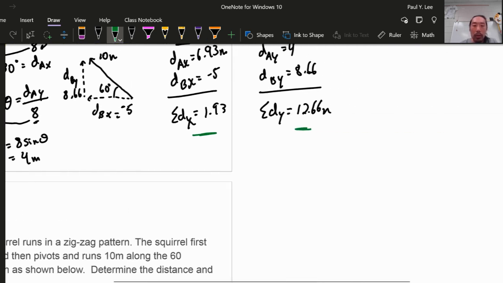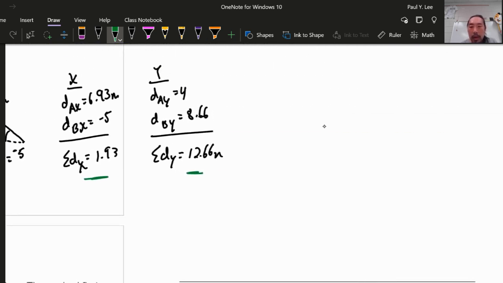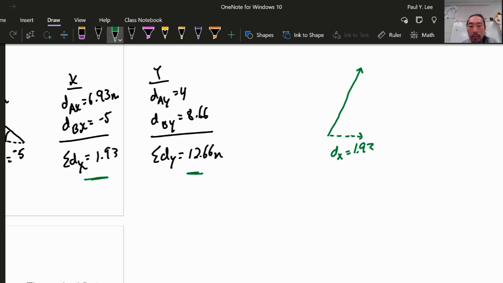And so what that would look like, I'm going to scoot this over to the side, is, let's see. Oh, I didn't draw it correctly. So it actually turns out, let's see. Oh, no, I did. All right. This dx is 1.93, and this dy is 12.66.